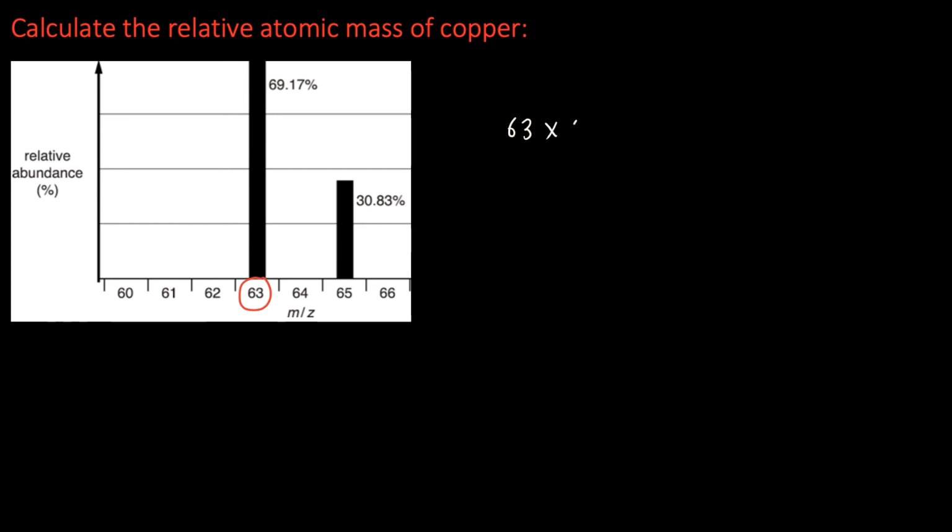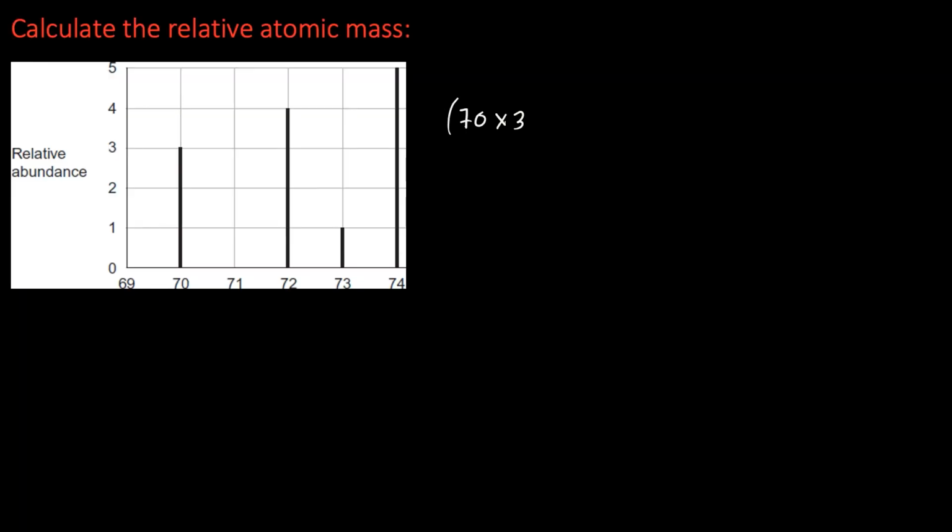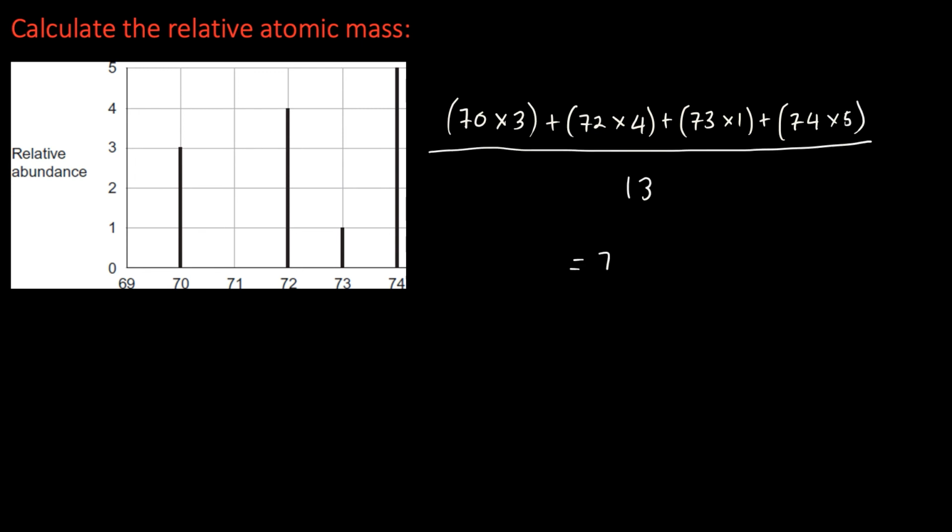63 times 69.17 plus 65 times 30.83, divide by 100, and the answer is 63.62. 70 times 3 plus 72 times 4 plus 73 times 1 plus 74 times 5, divide by 13, and the answer is 72.4.